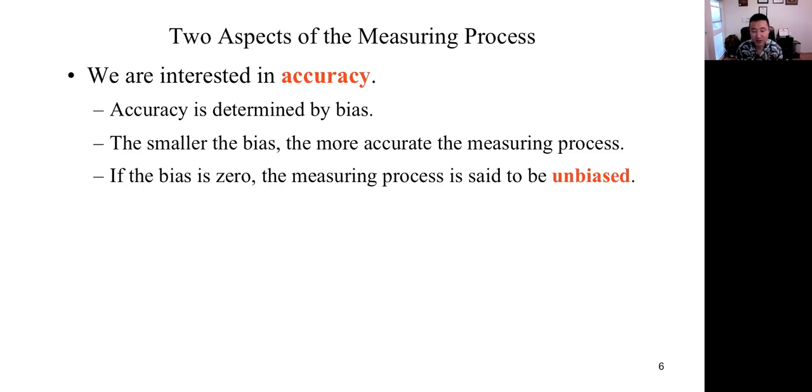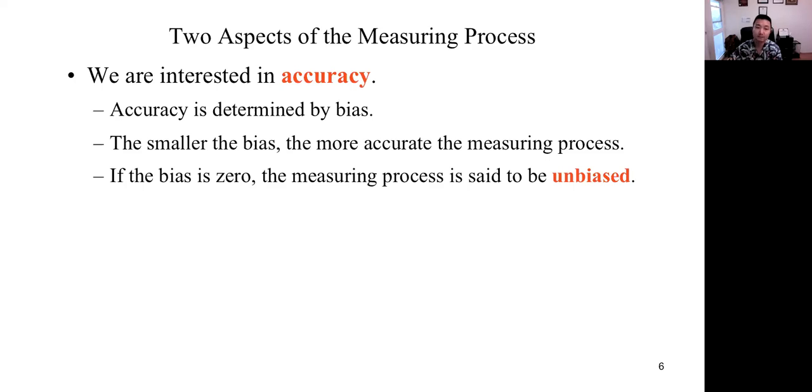Here we are interested in accuracy. Accuracy is another word which is correlated to bias, or the systematic error. Accuracy is determined by bias. The smaller the bias, the more accurate the measuring process is.